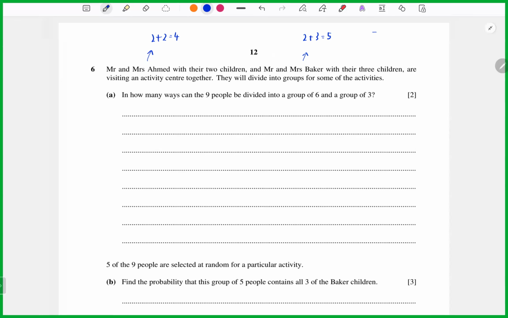So you have a total of 9 people here. Now we need to divide them into groups of 6 and 3. So you can take 9C6 multiplied by 3C3, which equals 84. So we were using combinations to solve this question.